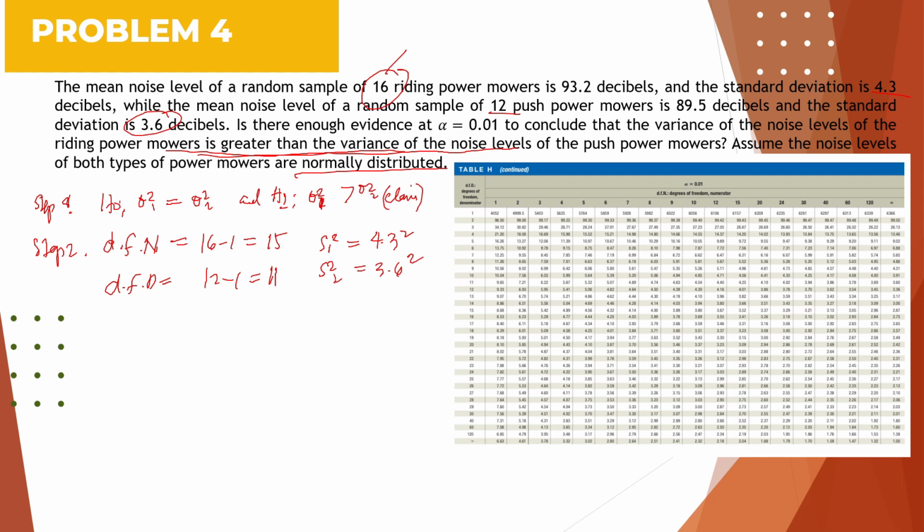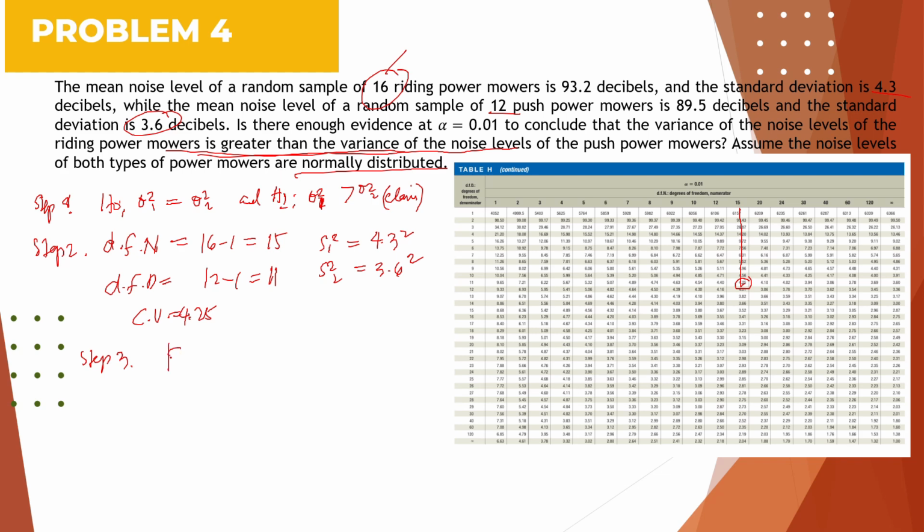So now what is the critical value? Looking at the numerator, which is 15, and the denominator, 11, the critical value is 4.25. Step number 3, we have to compute the test value.